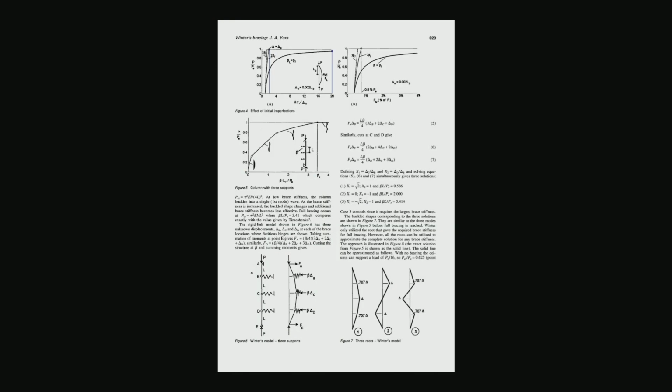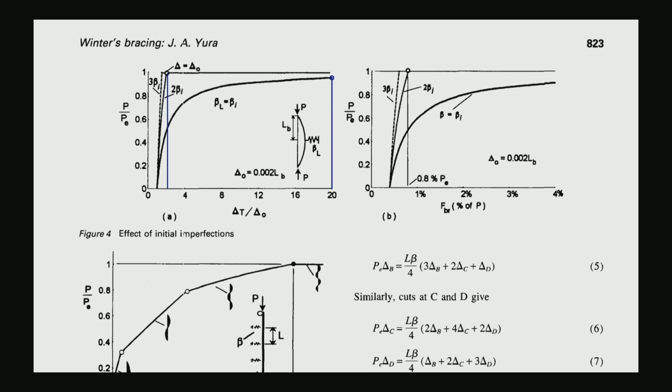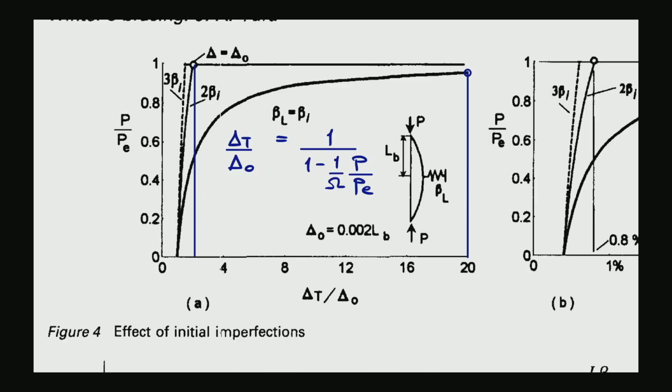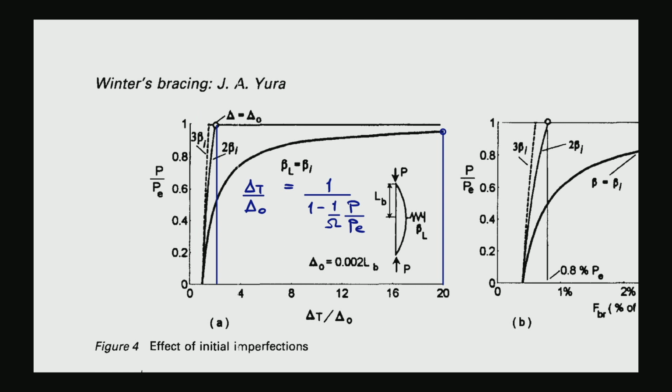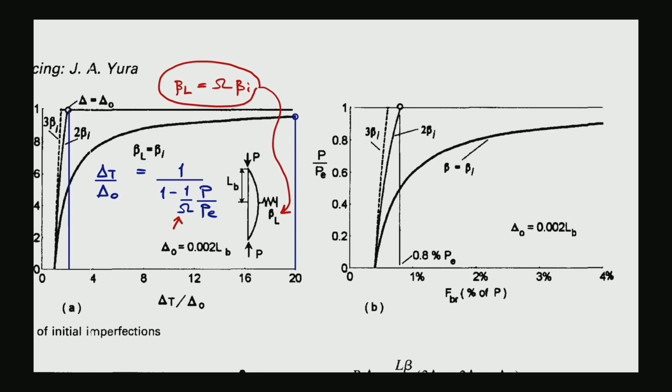Copy and paste there. And I say something like, here is the beta L. Okay, so I write: beta L is equal to omega beta I, and I specify clearly here that the beta L is this thing, so the omega is substituted, and then we'll be able to get all the graph like that.